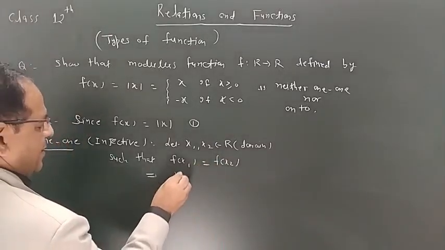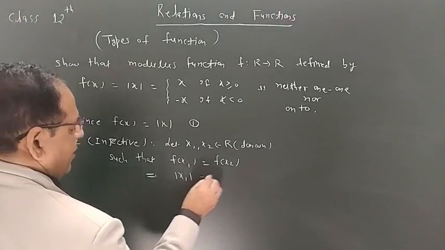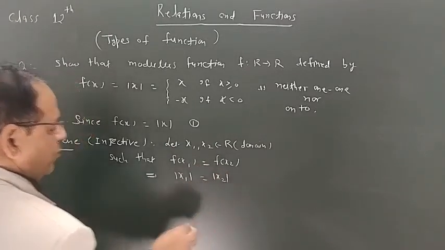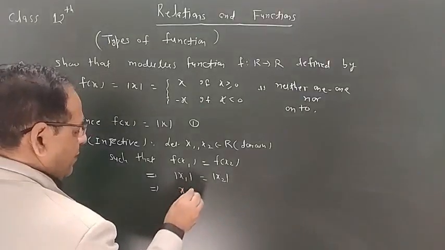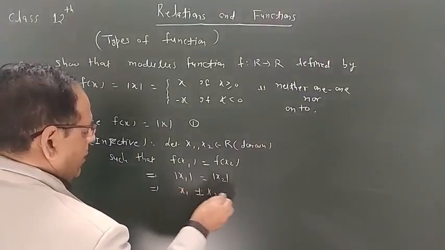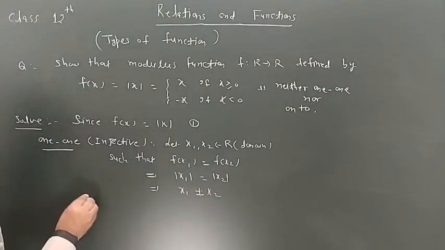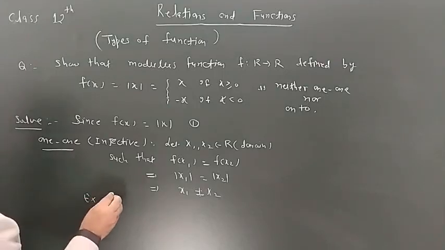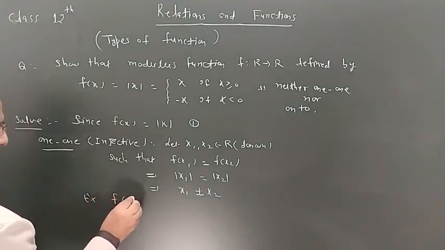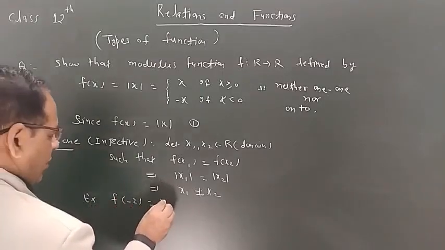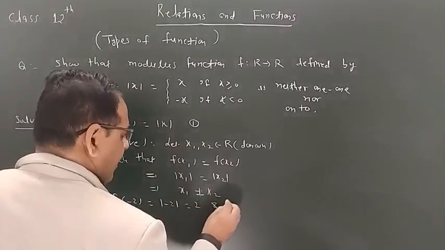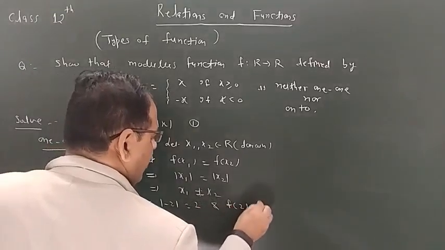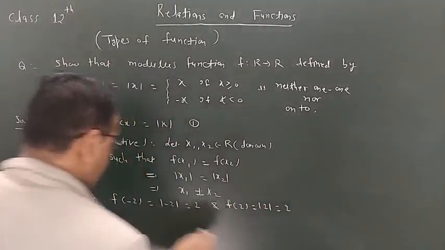This implies that x1 equals mod x2, but x1 is not equal to x2. For example, f(-2) equals mod of -2 equals 2 and f(2) equals mod 2 equals 2.